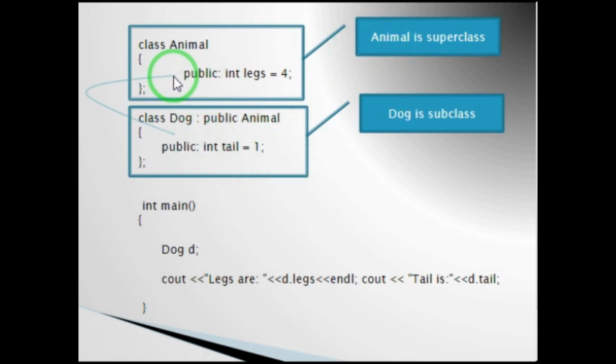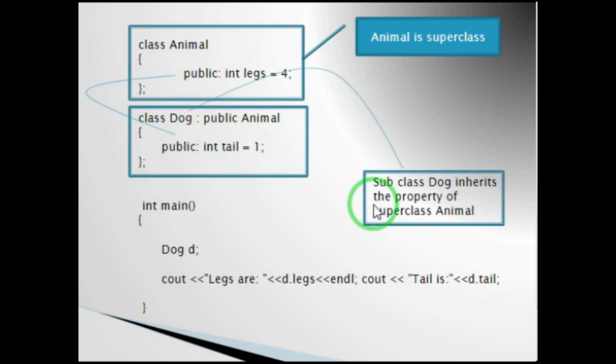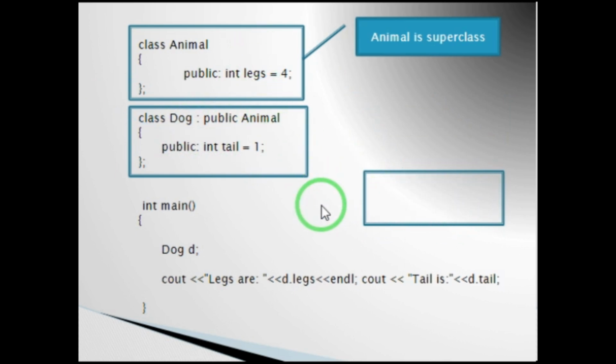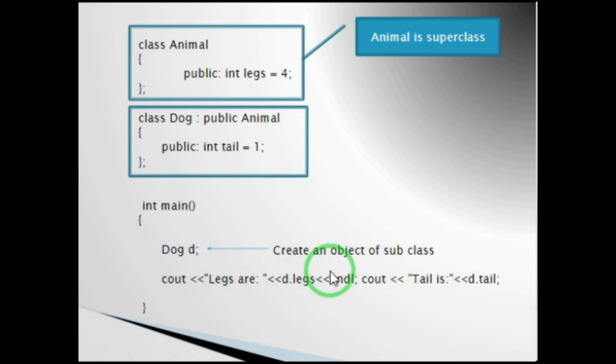After performing inheritance, this leg, the data variable of the Animal class, becomes accessible, or logically available, in the subclass. So the subclass Dog inherits the properties of the superclass. Then we create an object of the subclass. After creating the object of the subclass, we can use this leg in the Dog class, and using the object of the Dog class we print the data variable of the superclass.